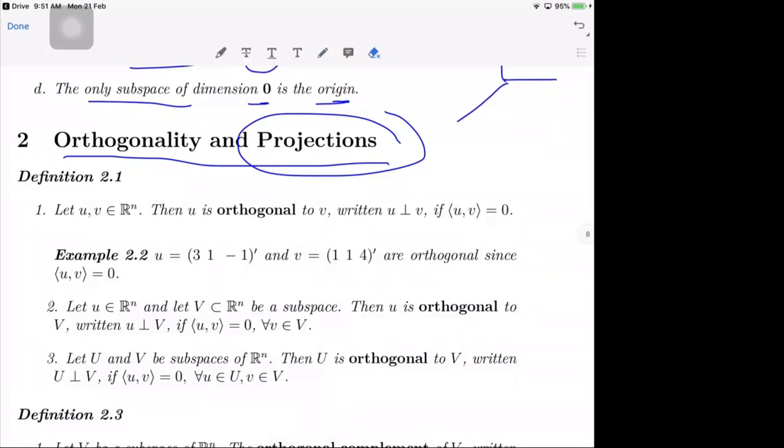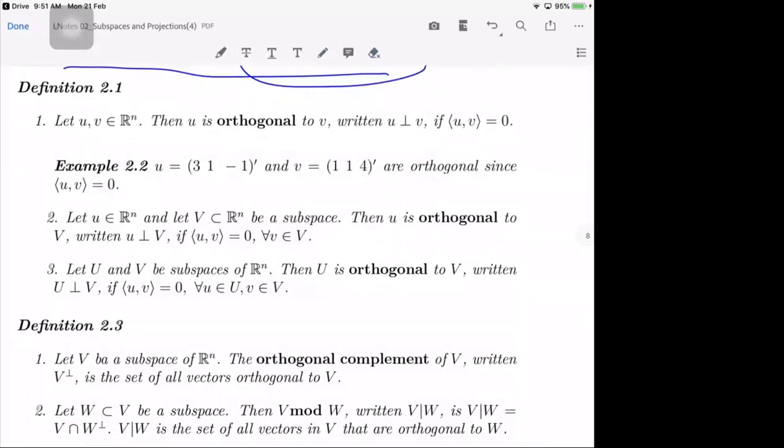Before going to the definitions of projections, let's have a review on the orthogonality of vectors. Actually, this is already familiar to you because this was introduced earlier, but this time we will concentrate on its notation. Okay? So if we have two vectors u and v in R^n, u is orthogonal to v.